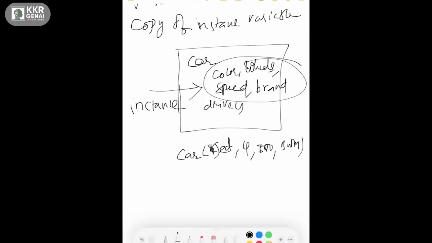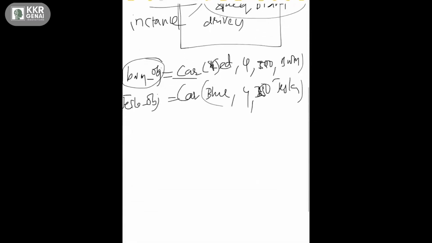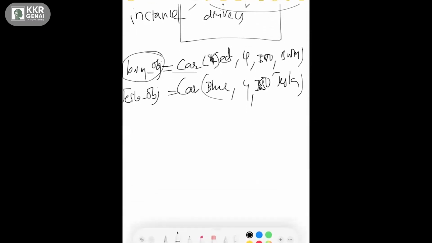Let's call this BMW underscore object. Then I want to create another object for Tesla: blue, number of wheels four, and 250, and let's call it Tesla underscore object. So these are two objects.